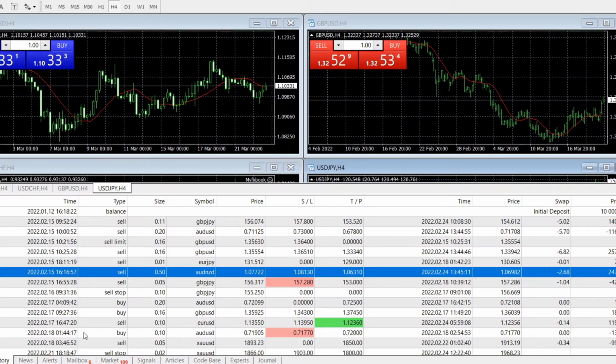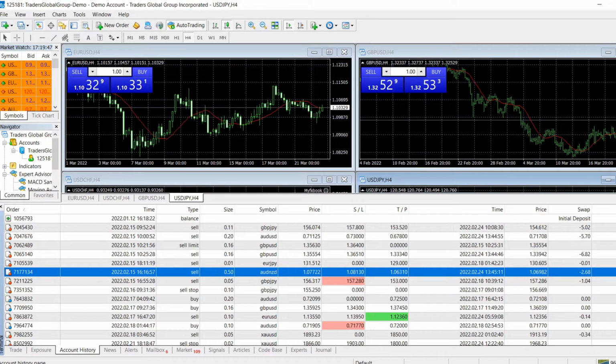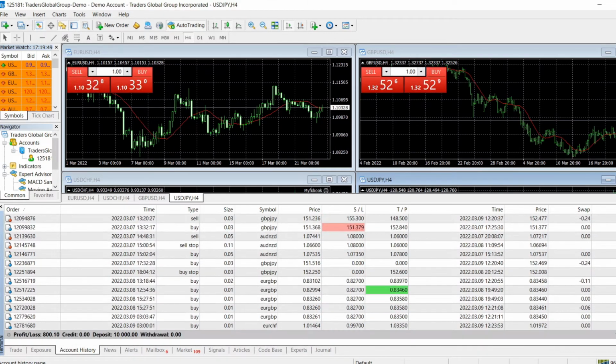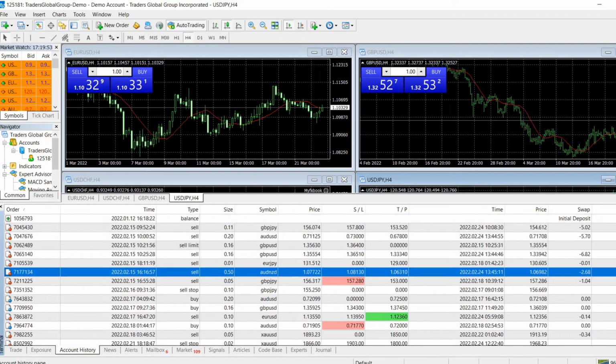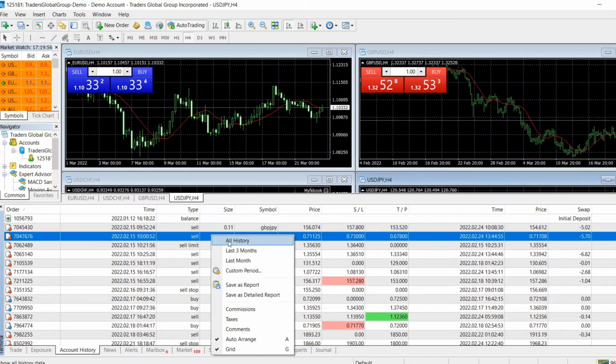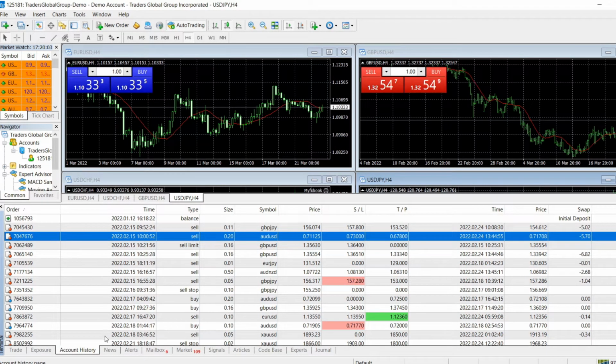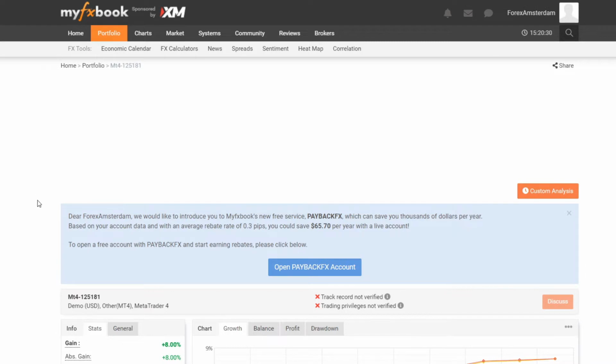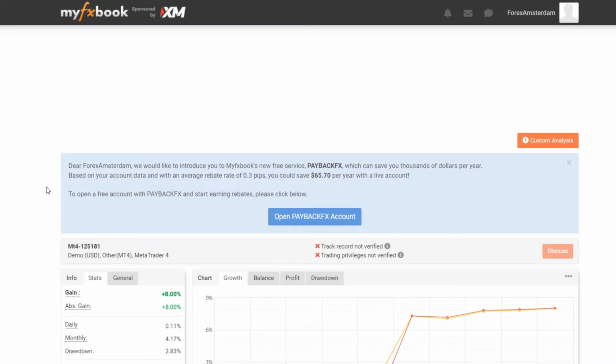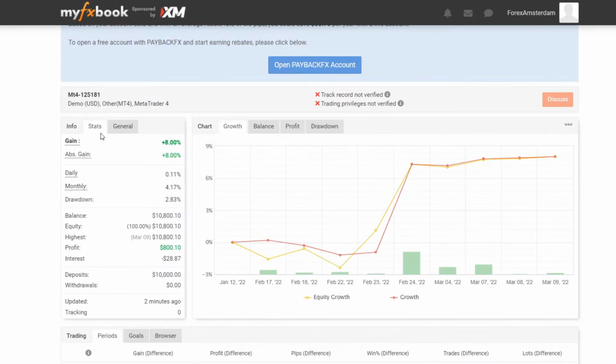So let me do that as well over here. This is the account. As you can see over here, we see all my trades. In total, I have reached 8%. So as you can see, I click on all history. It just doesn't work. However, I waited a few minutes and now, as you can see, it does work.